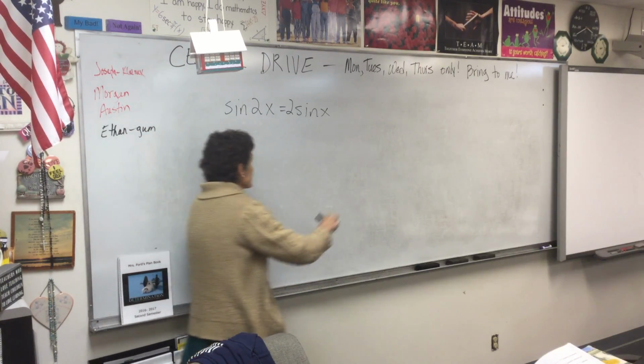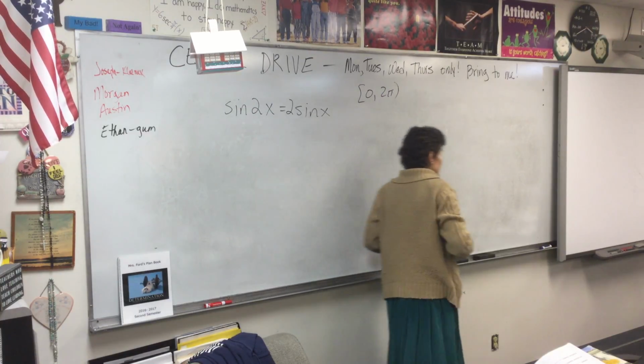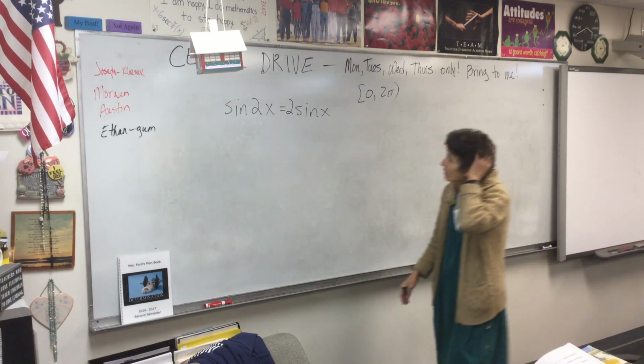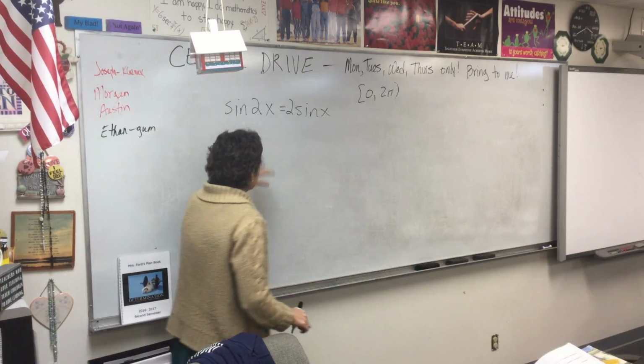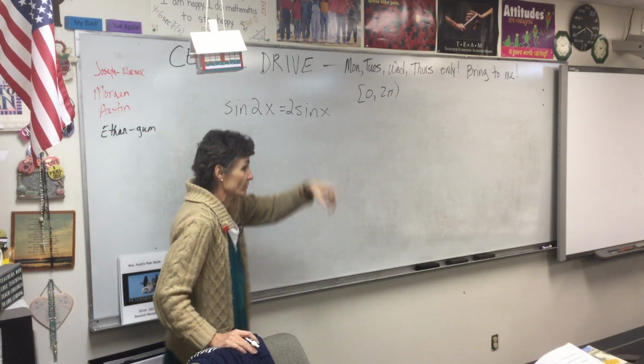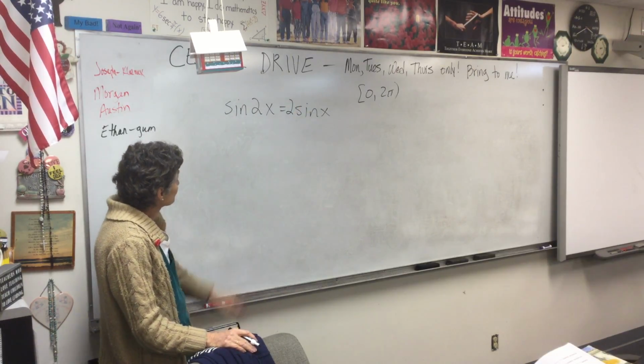The directions say solve between 0 and 2 pi. So that means we want to find all of the x's, all of the angles that make this equation true in one revolution. All of them.